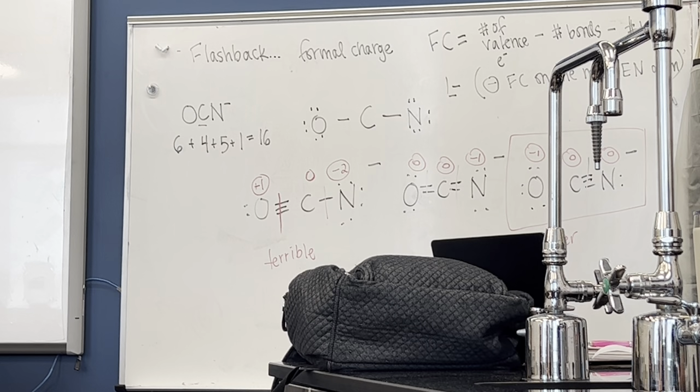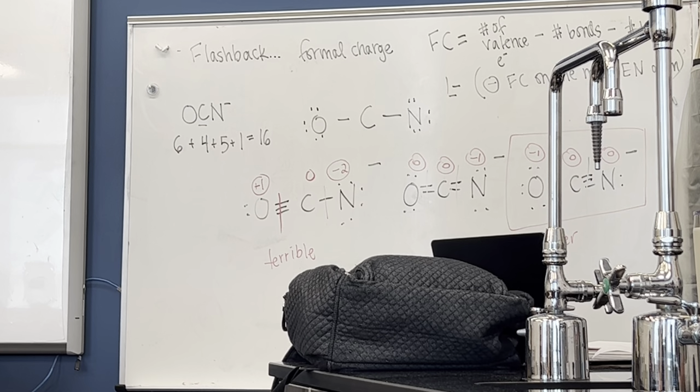So oxidation number is the same kind of thing. It's a little bit pretend, but it's going to be the opposite extreme. Formal charge assumed perfect sharing, that all bonds were perfectly covalent such that each atom got one of the electrons. We are now going to assume absolutely no sharing. The more electronegative atom is going to steal the electrons.